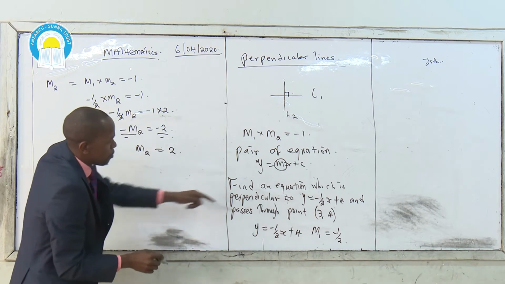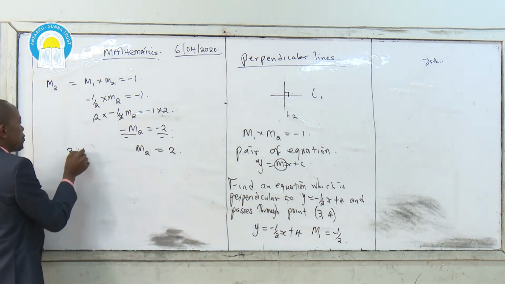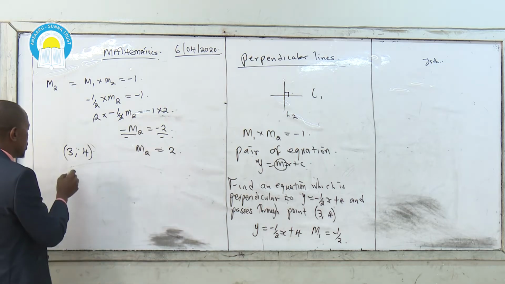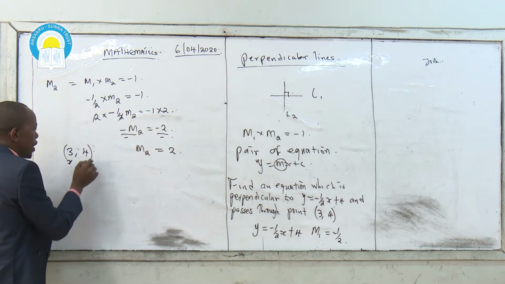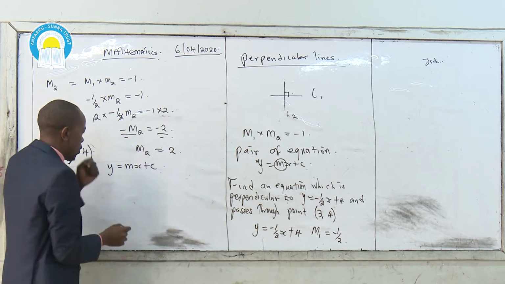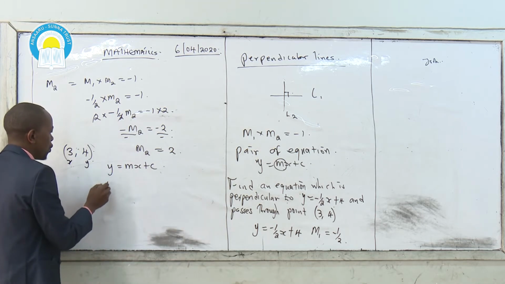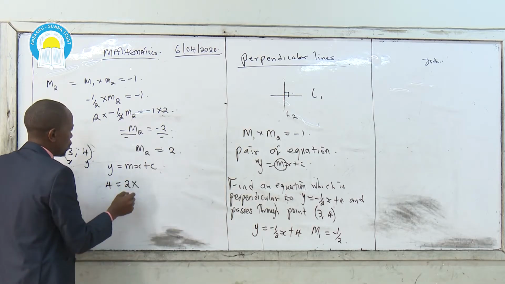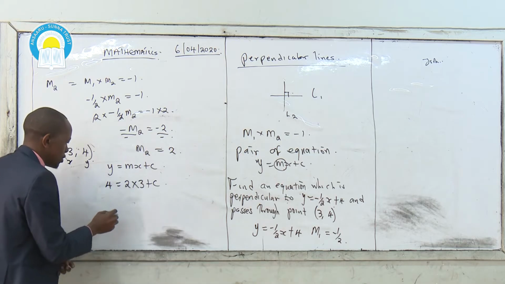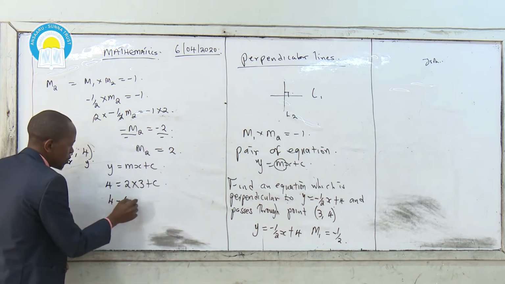Then you also have the point through which the line passes. We said this is our x and this is our y. The equation is y is equal to mx plus c. Now we have y, which is 4, we have m, which is 2, we have x, which is 3, plus c. So we find the c: 4 minus 6 is equal to c.